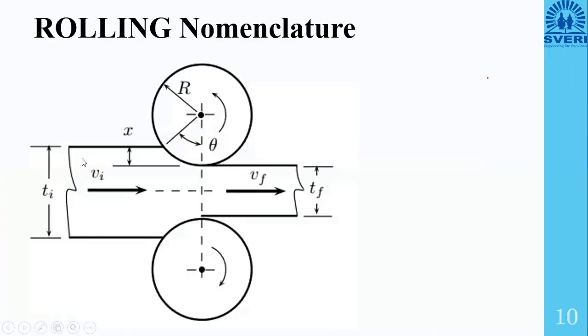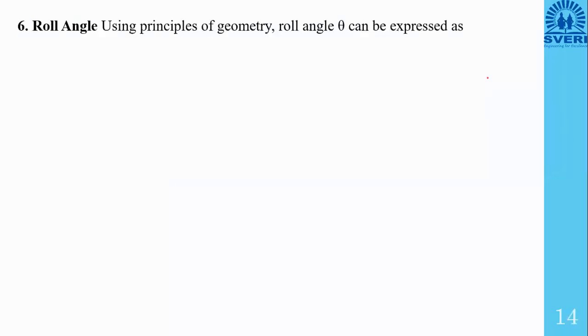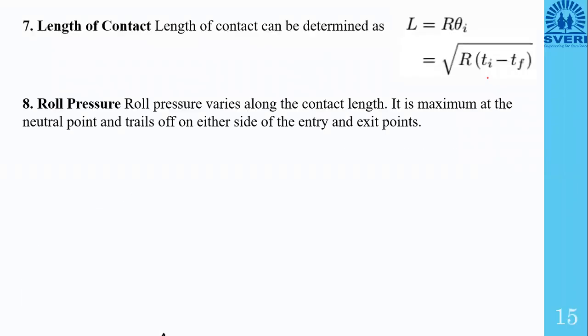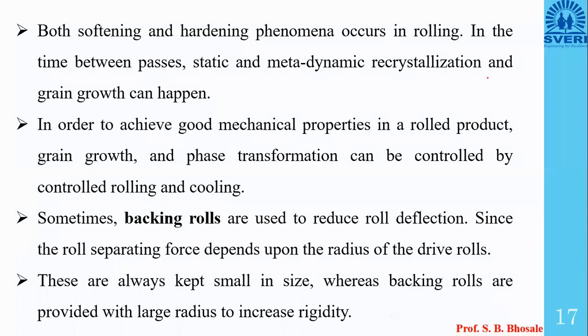Do you understand? So our particular point here is this roll separating pressure. Backing rolls are used to reduce roll deflection. What do we mean by roll deflection? As the rollers are smaller in size, the roll separating pressure is less. These are always kept small in size, whereas backing rollers are provided with a larger radius to increase the rigidity.